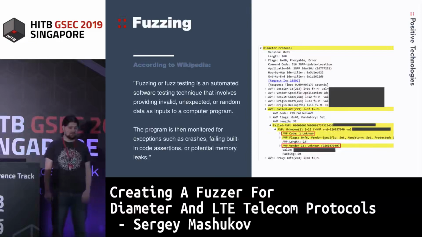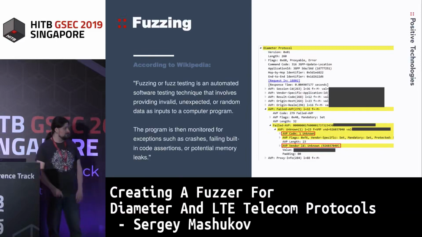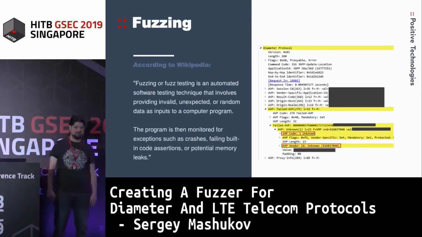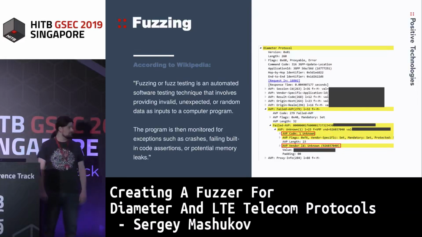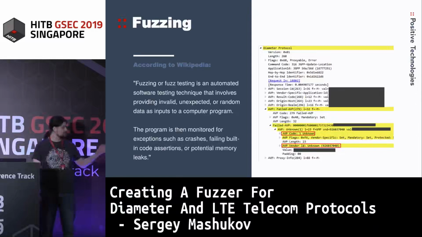In 3GPP, in mobile systems, it's usually the IMSI of the subscriber. But for some reason, vendor ID is unknown. And yeah, it is unknown because I've set it to some strange value. And that's what you get in fuzzing. You get some parts altered.